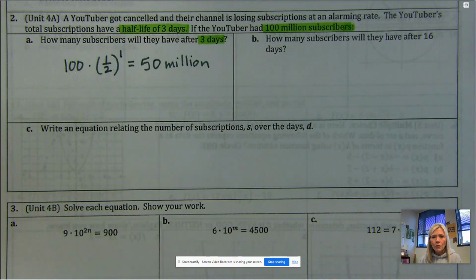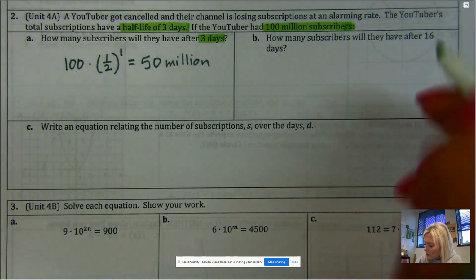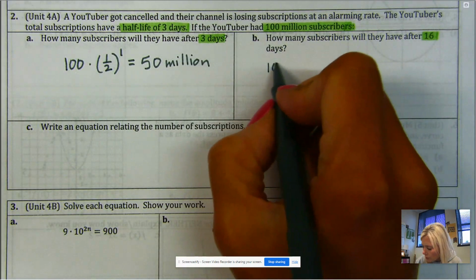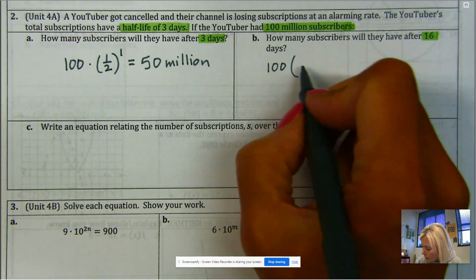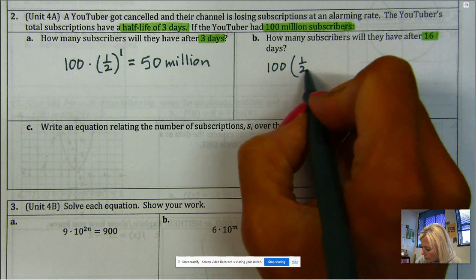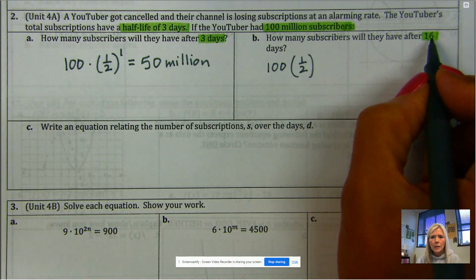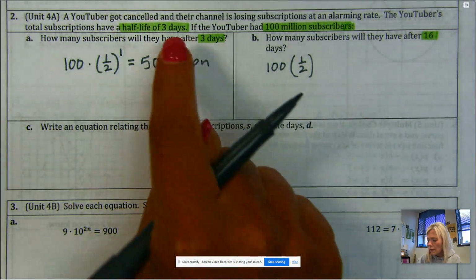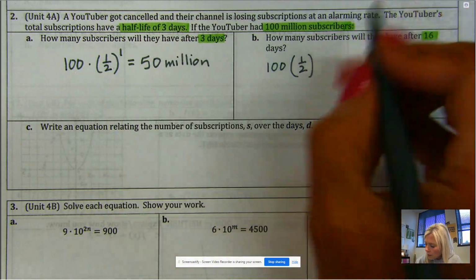Okay, how about after 16 days? Well, same idea. I'm going to start with the 100 and then times 1/2. Now, 16 days is just over 5 half-lives because each half-life is 3 days.